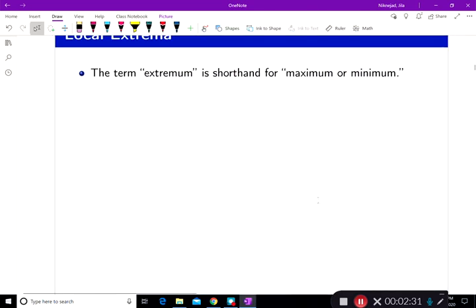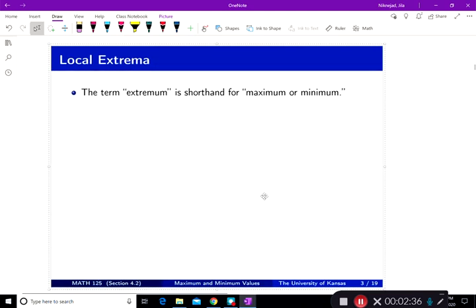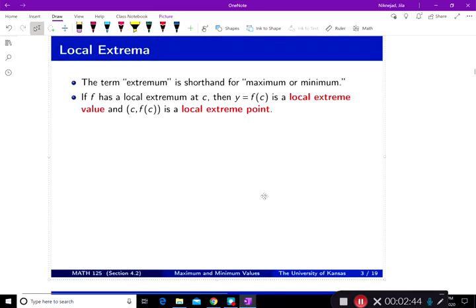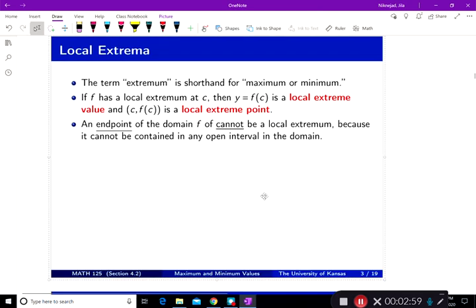Now, the term extremum, and you hear it a lot of times, is shorthand for maximum or minimum. When we're talking about a local extremum at c, then y equals f of c is a local extremum value, and c and f of c is a local extremum point.